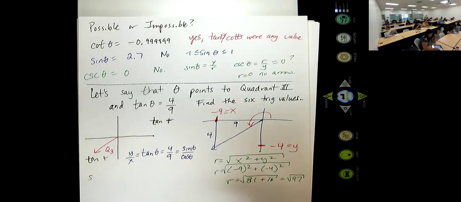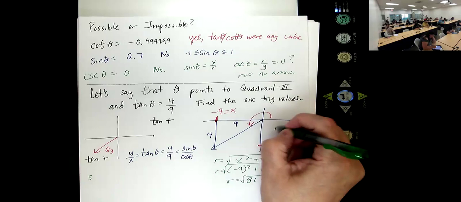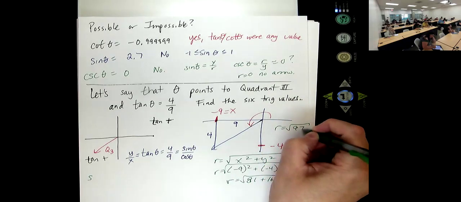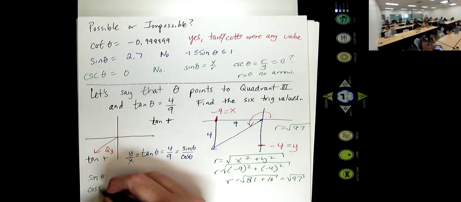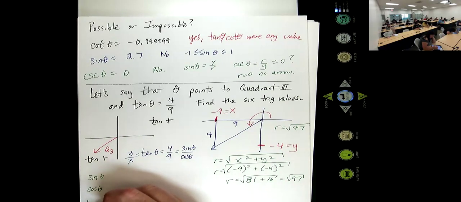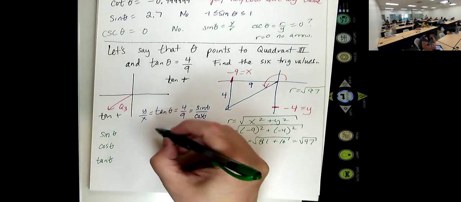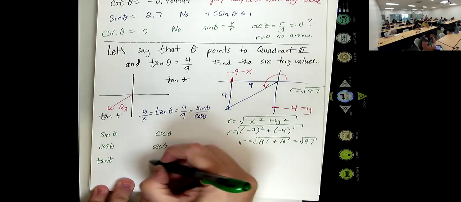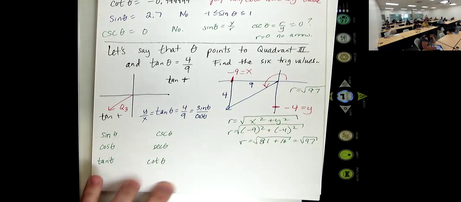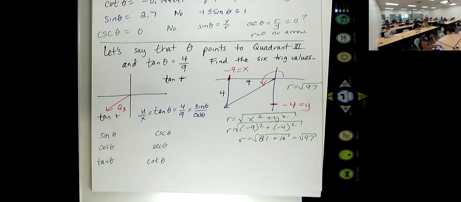But now we have r, so now we can find our 6 trig functions. Why don't you guys do that real quick, and then I'll do it together with you in like a minute.